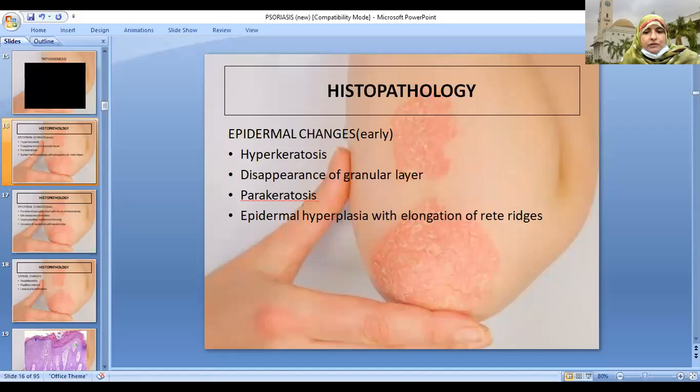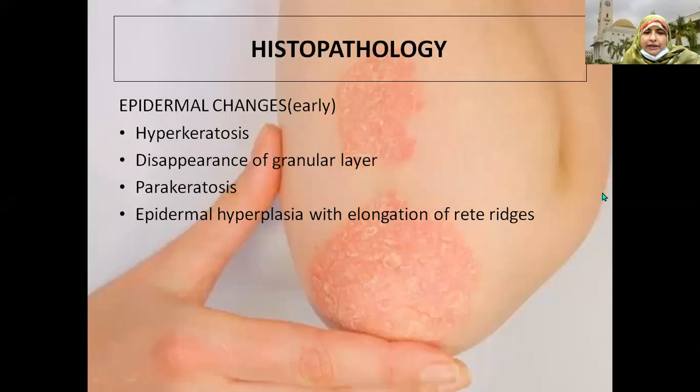Because there is loss of differentiation, there is a disappearance of the granular layer. Then there is parakeratosis, that is, the dead cells are retained at the top and are visible as scales until they're removed with medicine or otherwise. And there is epidermal hyperplasia with elongation of rete ridges. These are the early changes.